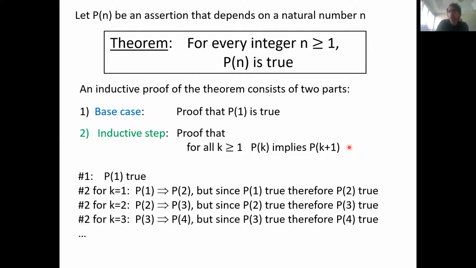Are you concerned whether it's true for n equal a million? Well, run this recursive loop a million times, and it will imply that P holds about a million, right?